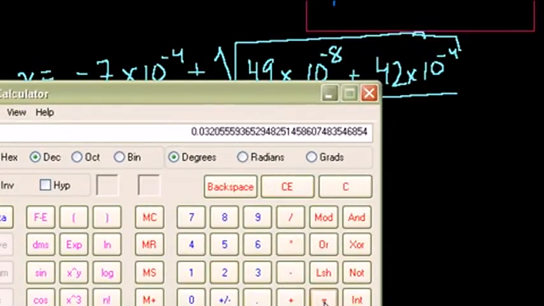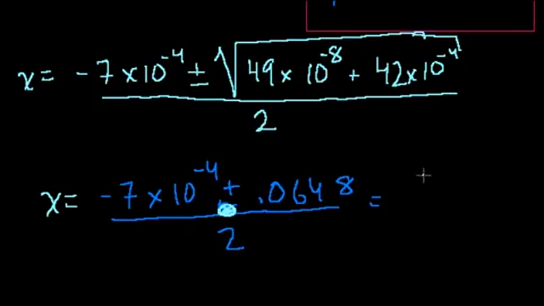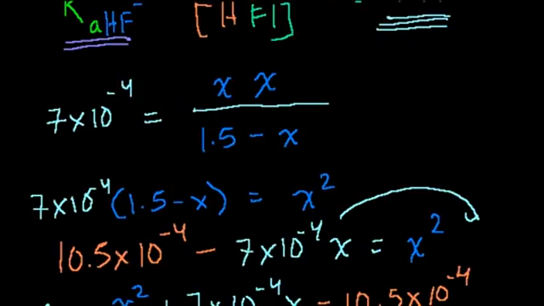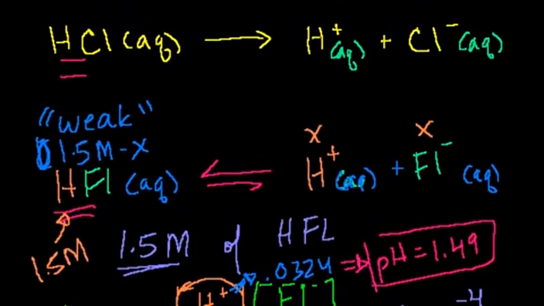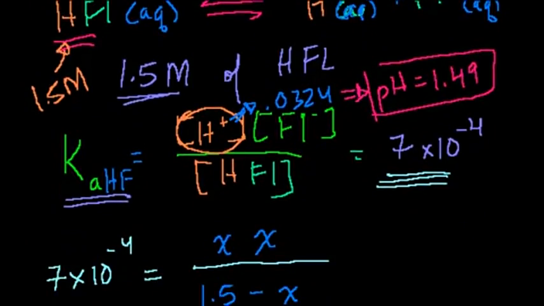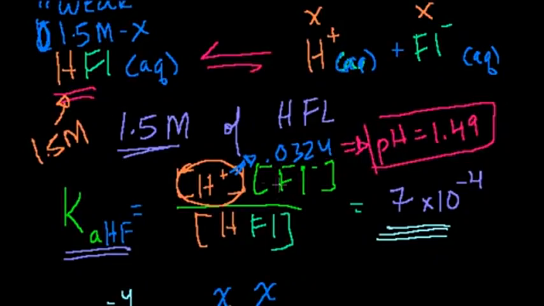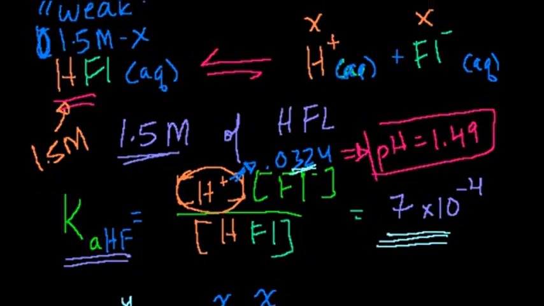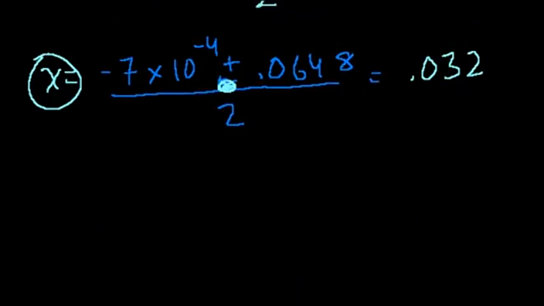Divided by 2 is equal to 0.032. And remember, this is our hydrogen concentration. It's also going to be the concentration of our fluorine ions, but we don't care about that. We just want to figure out the pH. So this is 0.032, which was very close to our approximation before. But now we have the exact number.